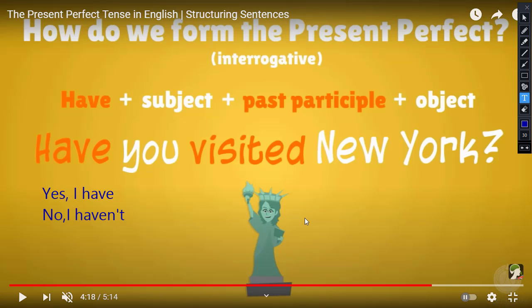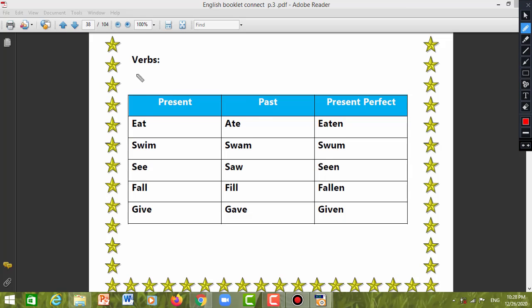And we have another kind of verbs. These verbs, we can't put ed to the verb, but we should keep them in our minds. I will tell you examples of these verbs in our booklet. Open your booklet on this page and you will find them in a table. These verbs like eat, ate, eaten.